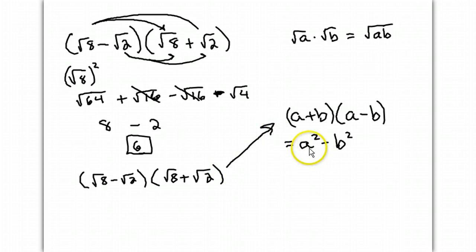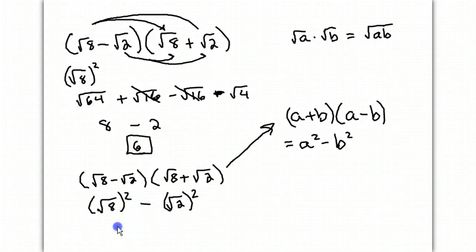So when you look at what the formula does, it squares the a and it squares the b and the subtraction. So we'll square the square root of 8, which is the a, and we'll square the b, which is the square root of 2, and we'll subtract it. So you'll have 8, because the square root of 8 squared is 8, minus the square root of 2 squared, which is 2, which gives you 6.